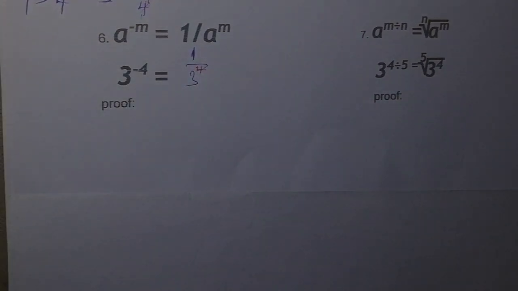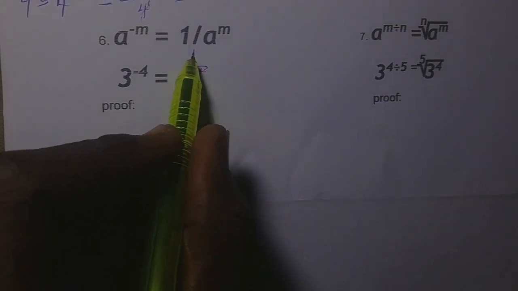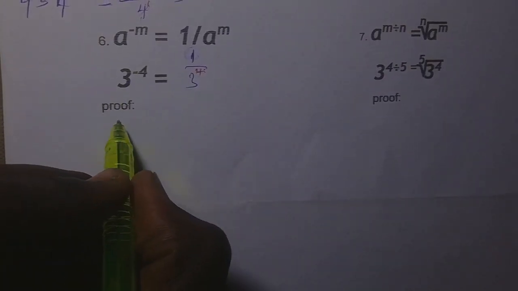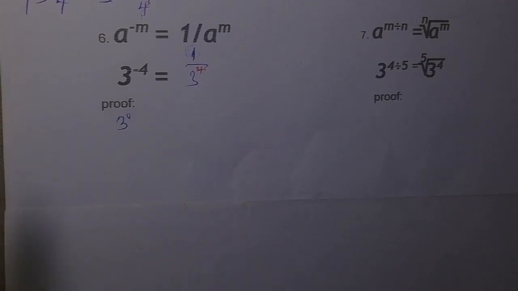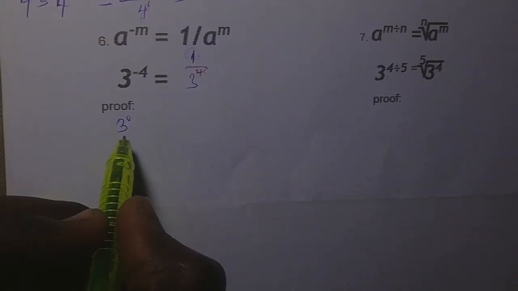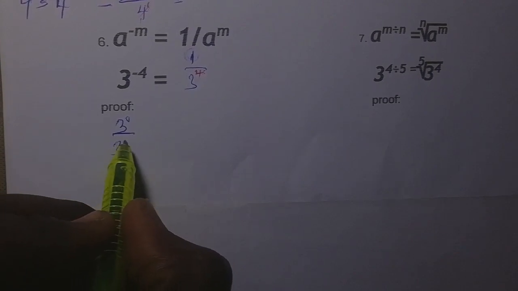So here's a proof of how this law came to existence. So basically 1 over 3 power 4, the numerator 1, can be written as 3 power 0, because according to the fifth rule, 3 power 0 is 1. So you can write this as 3 power 0 divided by 3 power 4.